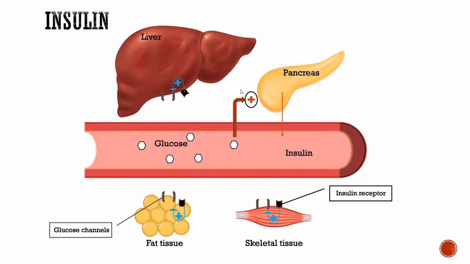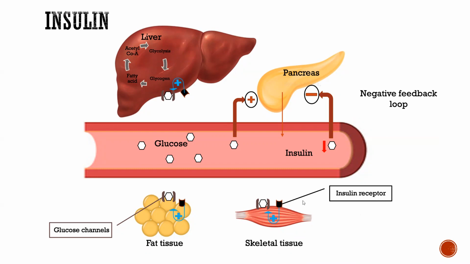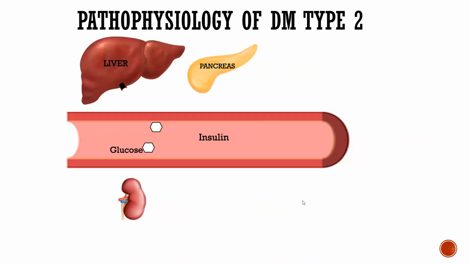It helps push it into the cell. Then once your glucose level is down, that feedback loop tells the pancreas to stop producing insulin. This is what insulin does in your normal, healthy individual. It's a negative feedback loop.